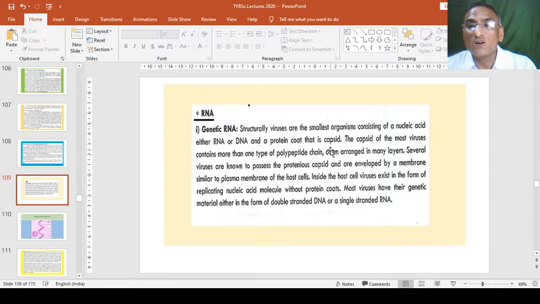The capsid of most viruses contains more than one type of polypeptide chain, often arranged in many layers. Several viruses possess the proteinous capsid and are enveloped by a membrane similar to the plasma membrane of the host cells.